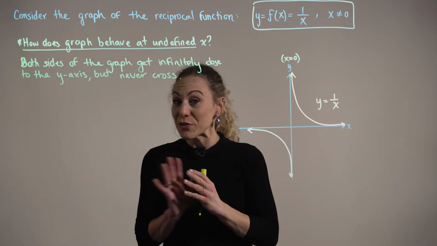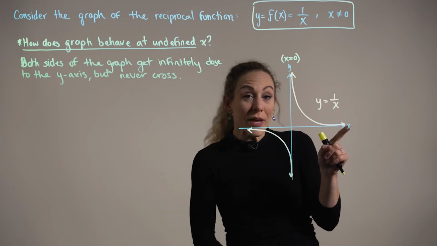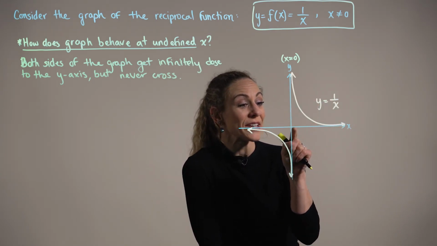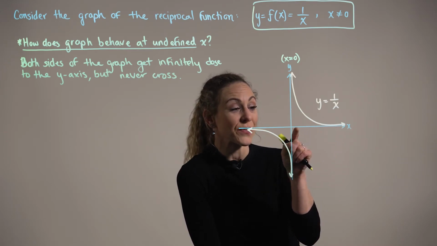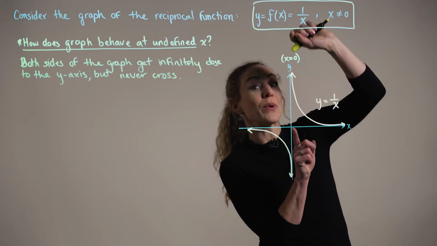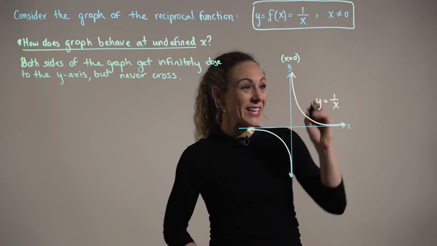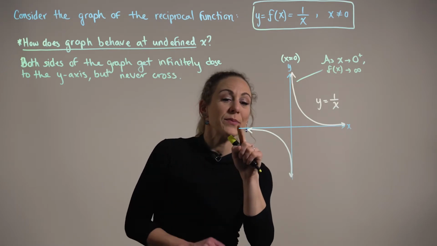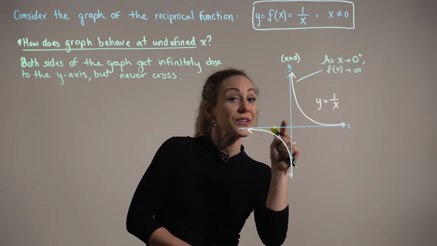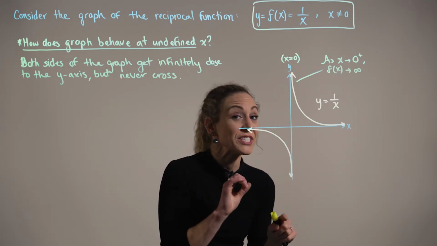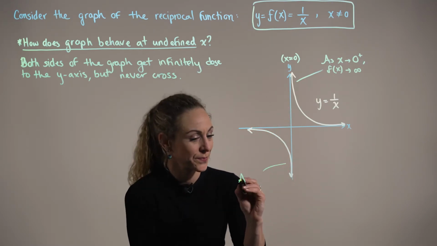Using our new infinite notation, we can observe on the right-hand side that as x is approaching 0, or approaching the y-axis from the right, the corresponding y values are growing without bound or approaching positive infinity. And very similarly, on the left, as x is approaching 0 from the left-hand side, the corresponding y values are decreasing without bound.